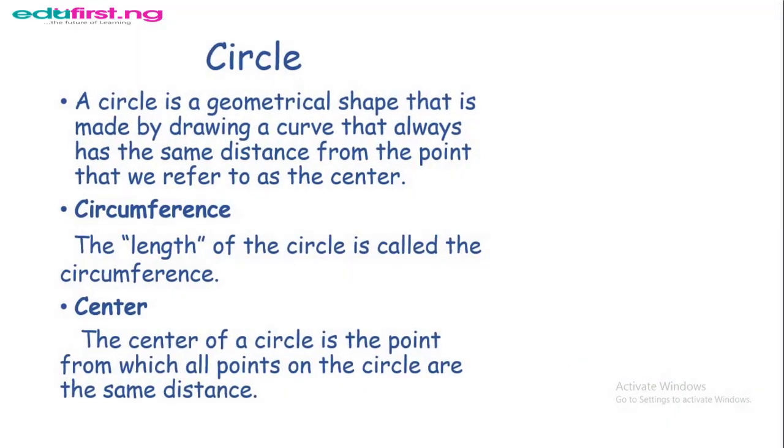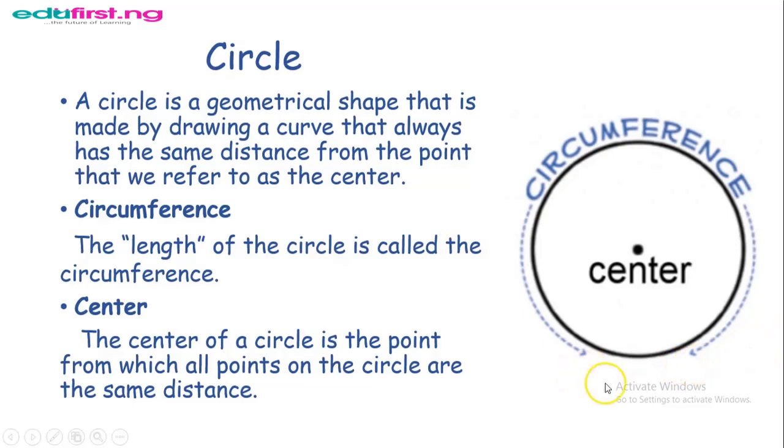Now we look at a circle as a plane figure. A circle is a geometrical shape that is made by drawing a curve that always has the same distance from the point that we refer to as the center. Now this is what they mean here. This is the center here.